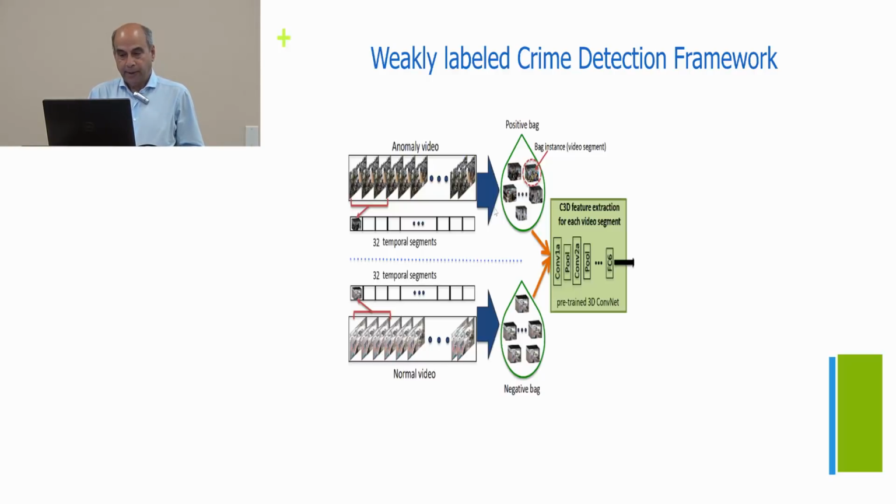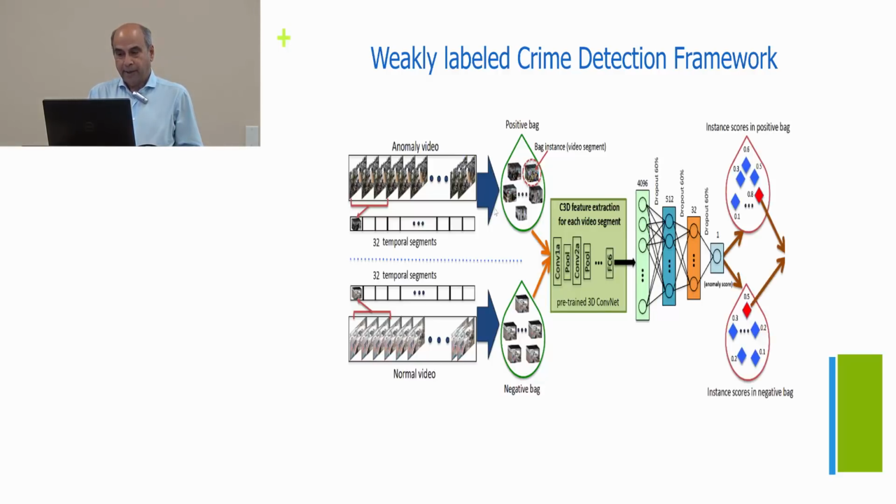We compute video features, pass them through different fully connected layers, and get the output for the different instances of the positive bag and negative bag, using that function as explained.